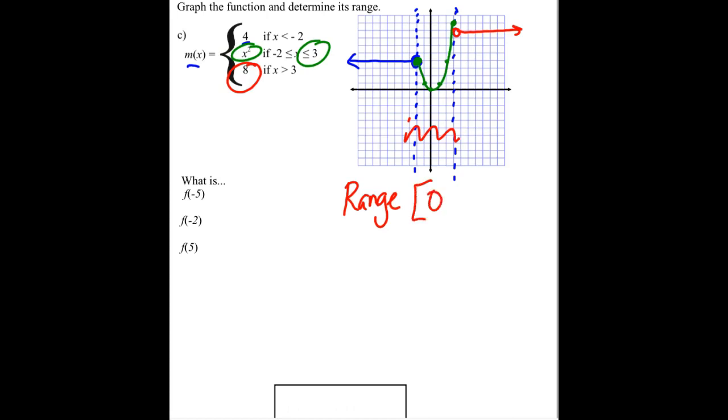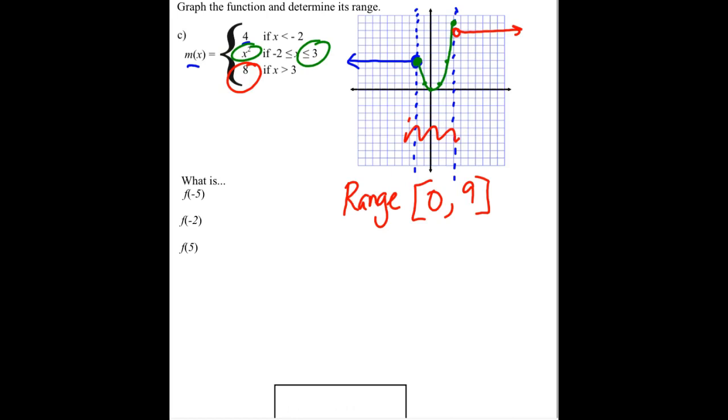I do include it because I do have a dot there. And then what happens? As I go upward, what's the highest dot I'm going to hit? A 9, right? Now, the 4 and the 8 are within that range. Okay, so those are getting counted in there as well.